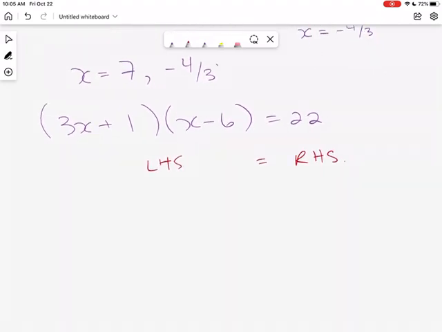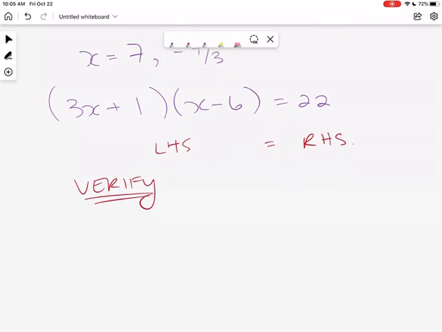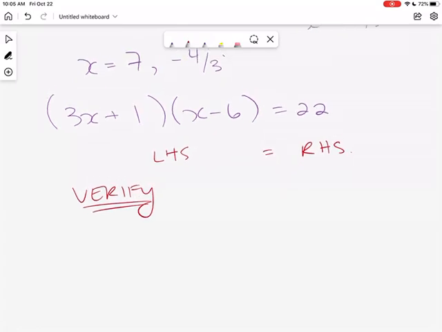And we can even go ahead and verify it. Okay, let's verify. Make sure that our solution is correct.